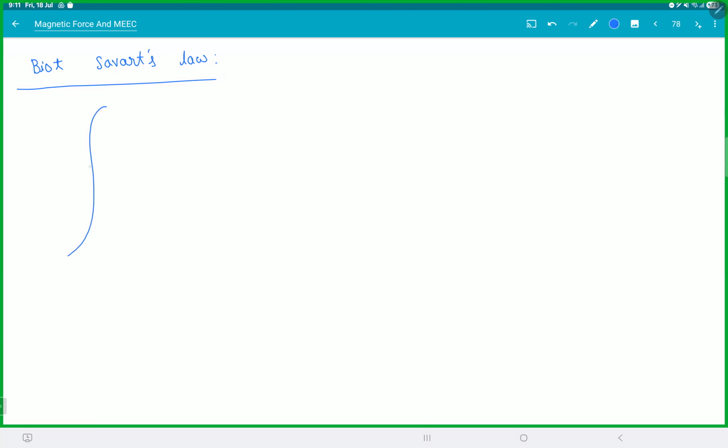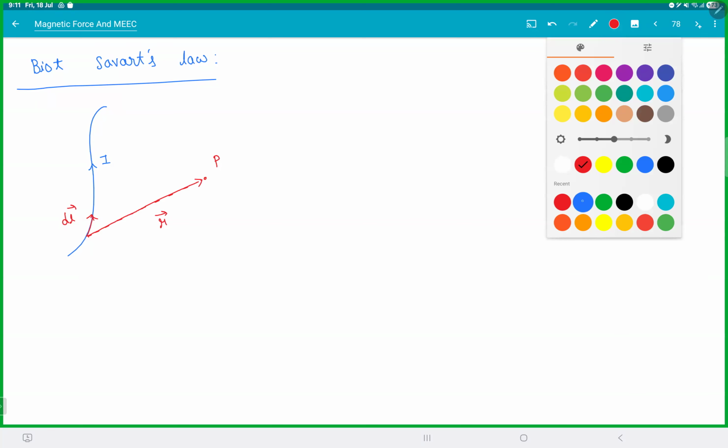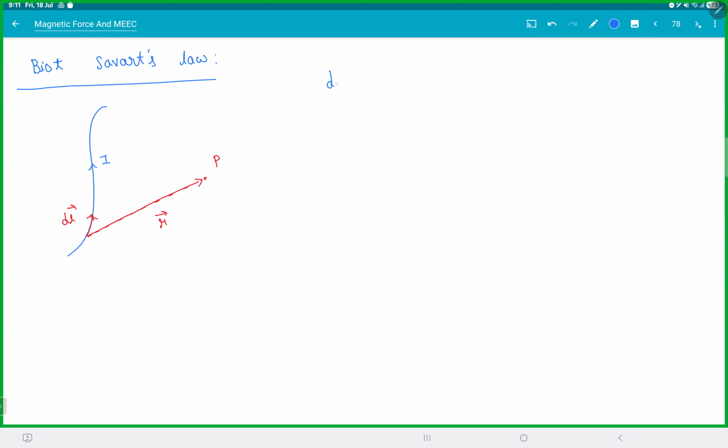So if you have a current carrying loop I, if you take a small dl bar, the magnetic field is given by dB bar is mu naught by 4 pi.